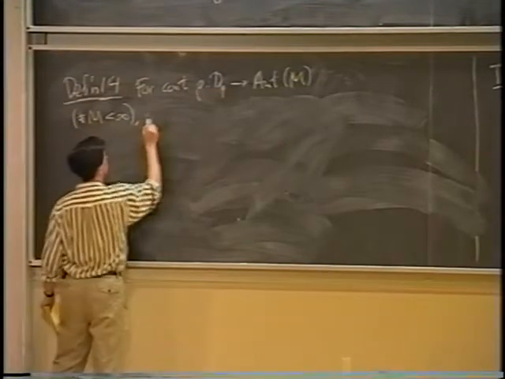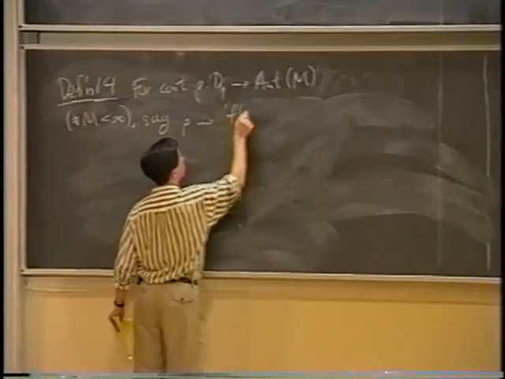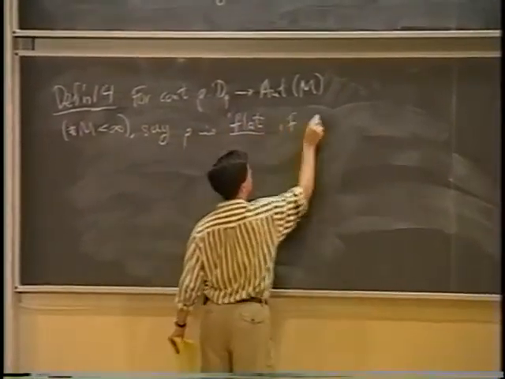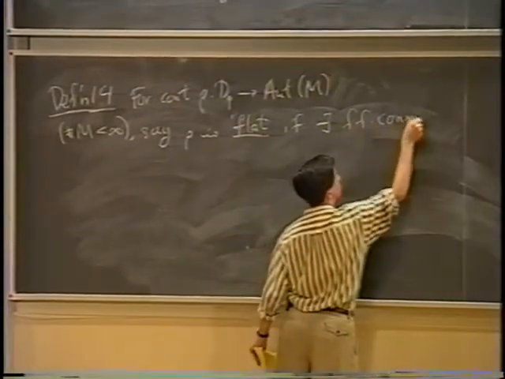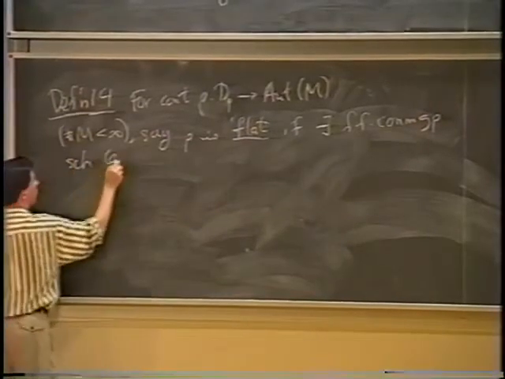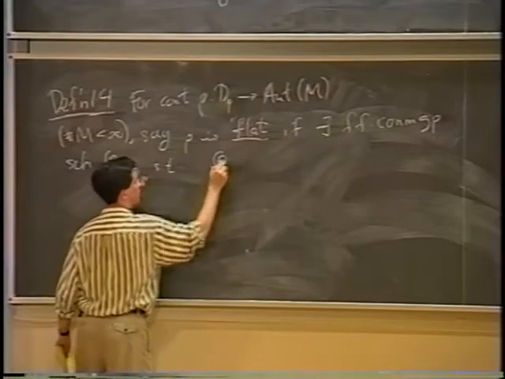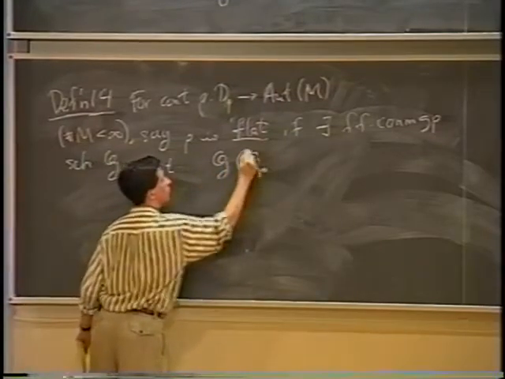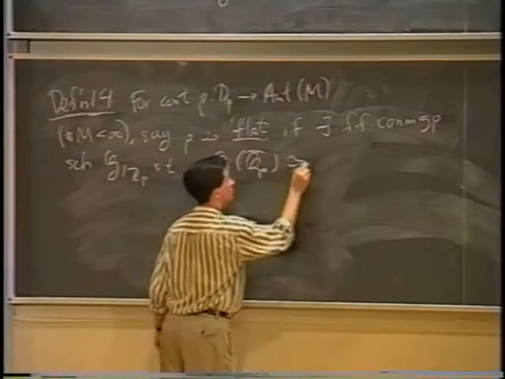We'll say rho is flat if there exists a finite flat, well, we'll just throw it in anyway, commutative, though it's automatic, group scheme G over Z_p such that, the simplest way to say it is that if you consider the geometric points of this as some finite Galois module, this is isomorphic to rho.